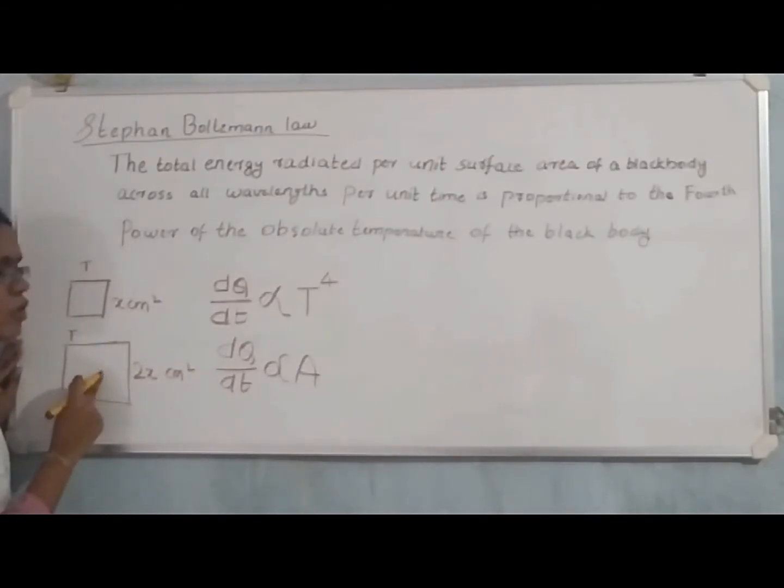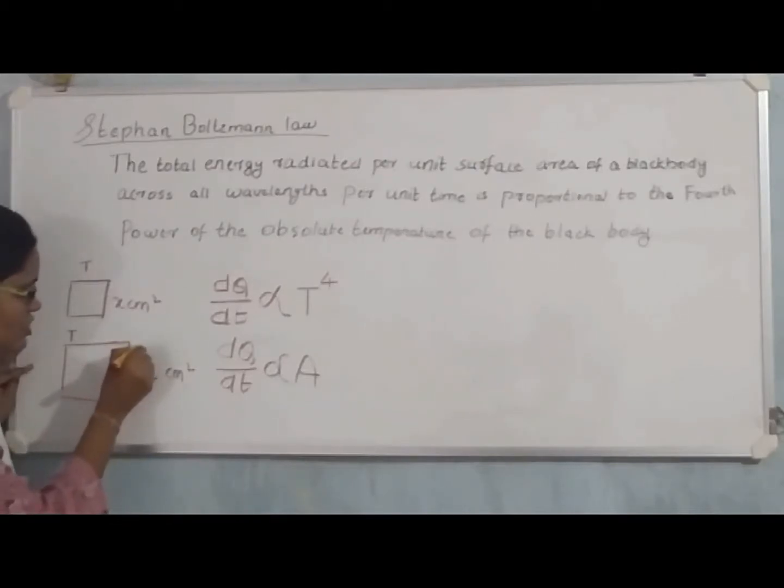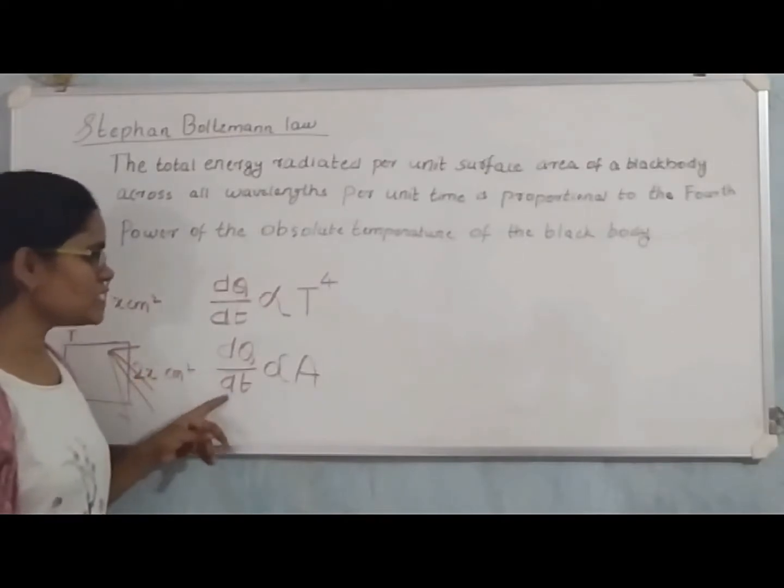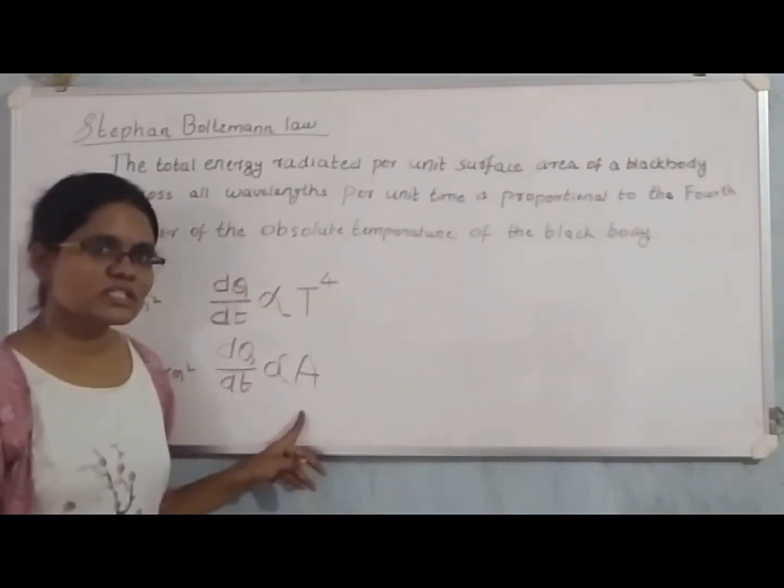The second iron block will radiate more energy per unit time, because it has a larger surface area to emit the radiations. So dq over dt is also proportional to the surface area.